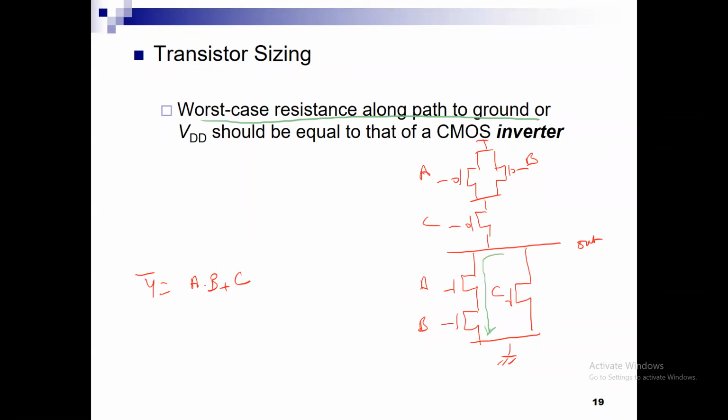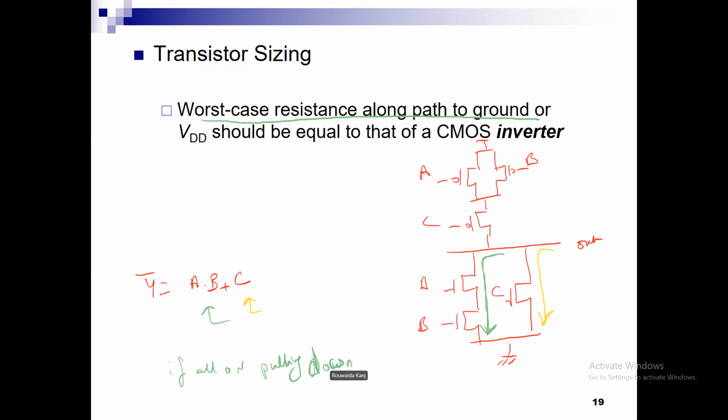Why? Because when I am pulling down the output, I can pull it either through this path or through another path, which is this one, meaning C or A and B. And of course I can have all of them on. If all of them are on, pulling down, this is good. The more the merrier. If all of them are pulling down, I will have a smaller delay.